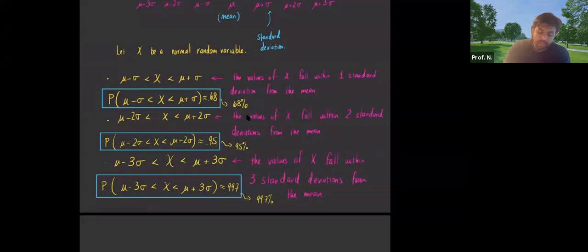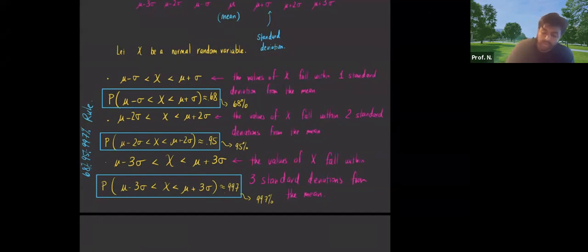So they call this the 68, 95, 99.7% rule. This is a rule that holds for every normal random variable, no matter what mean or standard deviation it may have.